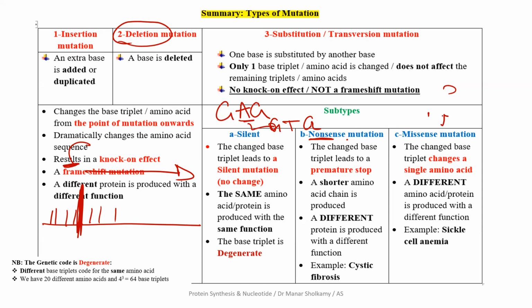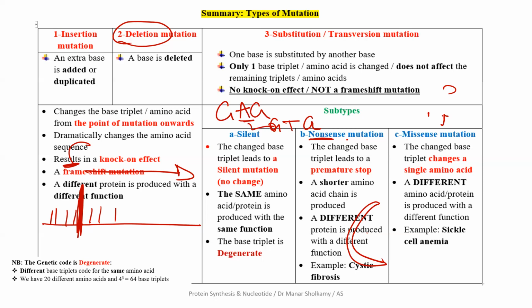Glutamic acid, which is water soluble, hydrophilic. And the mutant amino acid will be valine. You need to memorize this example, which is non-soluble and hydrophobic. It will give me a sickle-shaped hemoglobin that is sticky and it blocks capillaries. And this happens in the beta polypeptide chain, the beta subunit, the beta globin in the hemoglobin, okay?